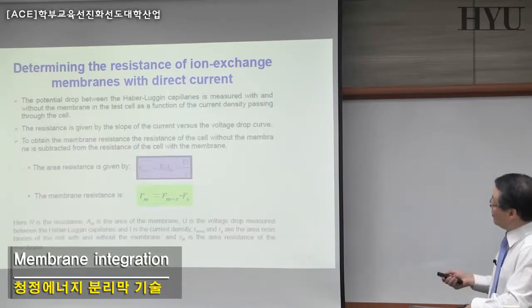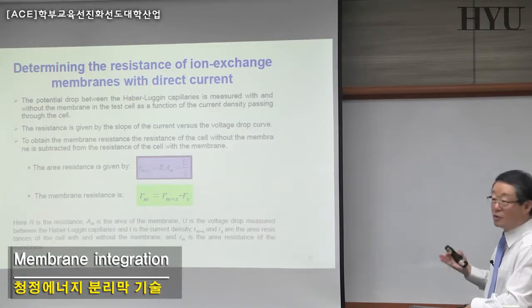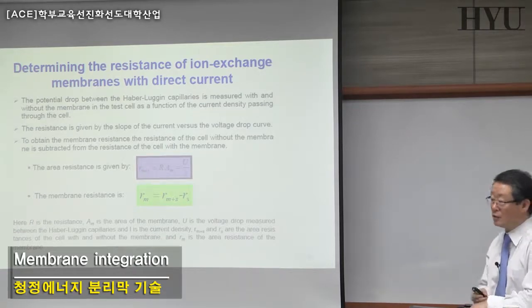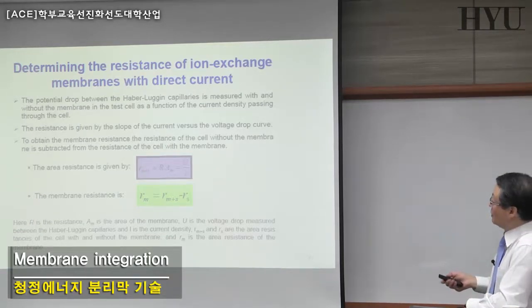So from this plot, we can say that the resistance of the total system with solution, membrane and solution, which is called the area resistance, is the resistance of the membrane and the solution times the A_m, which is the area of the membrane itself.